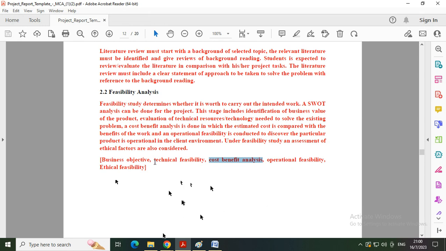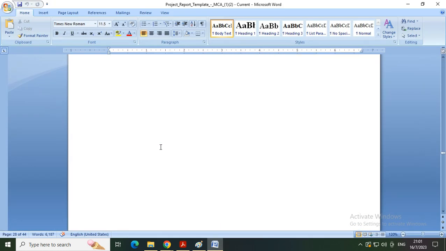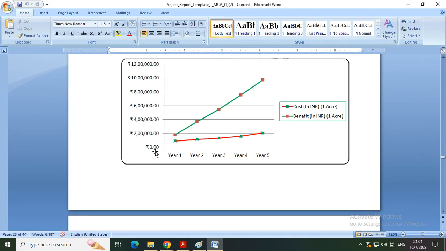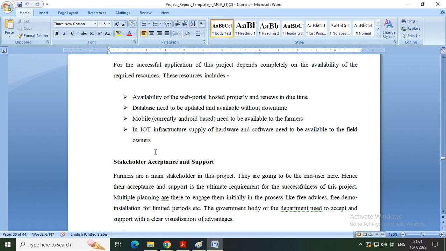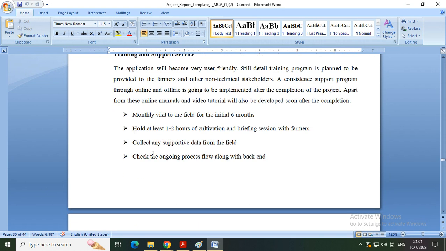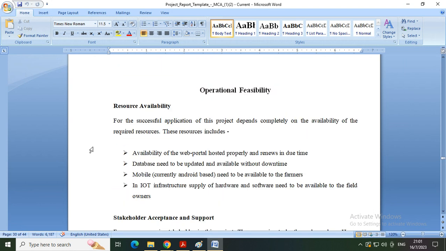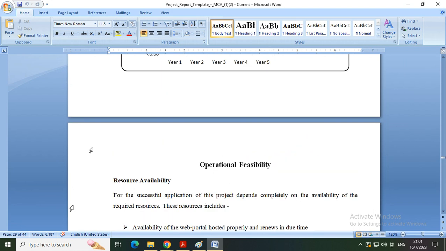Anyone else who wants to tell something about technical feasibility, operational feasibility, and ethical feasibility? Okay, see, in operational feasibility you may specify some points like, what is the resource availability?